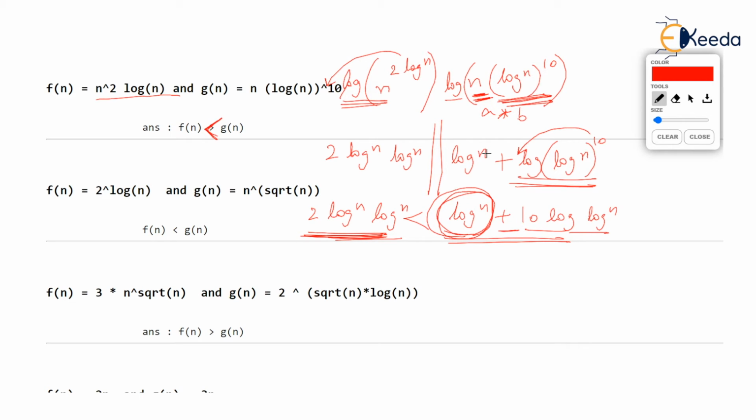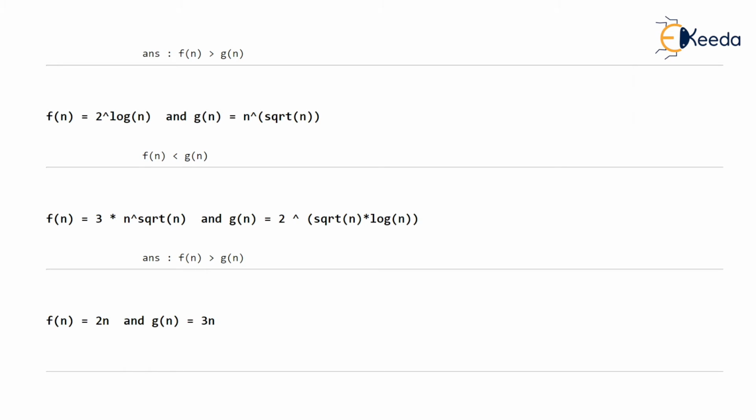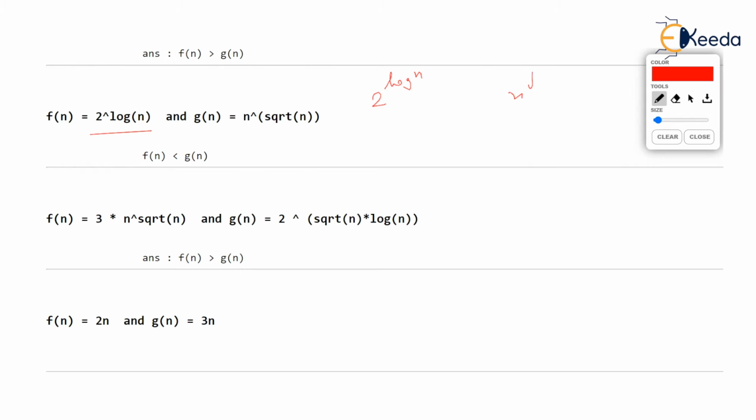Here we have 2 raised to log n. Other example. Now Fn is 2 raised to log n, and Gn is n raised to square root of n. Well, we are not sure which one is larger. Take log on both sides.